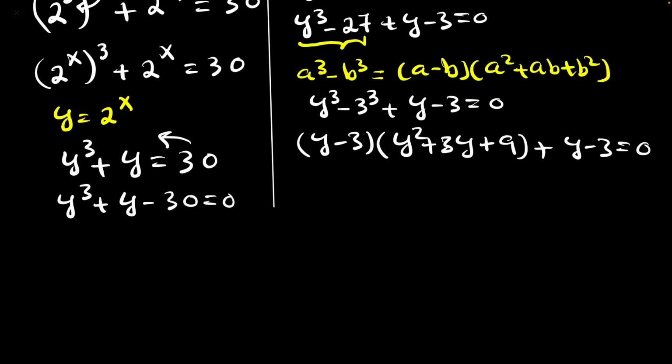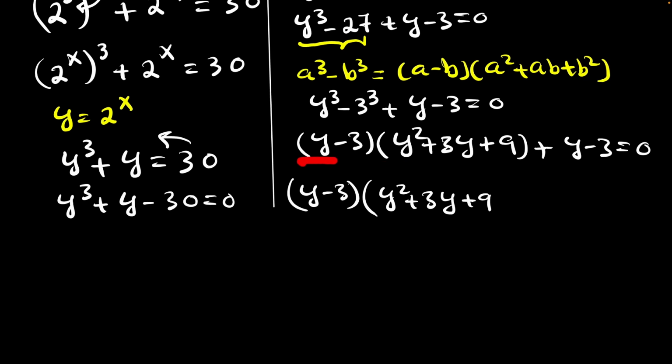So what next can I do? If you noticed here, this is one term and this is another term. Between these two terms, I have y minus 3 as a common factor. I'm going to take y minus 3 as a common factor here. Then I would have y squared plus 3y plus 9 in this term.